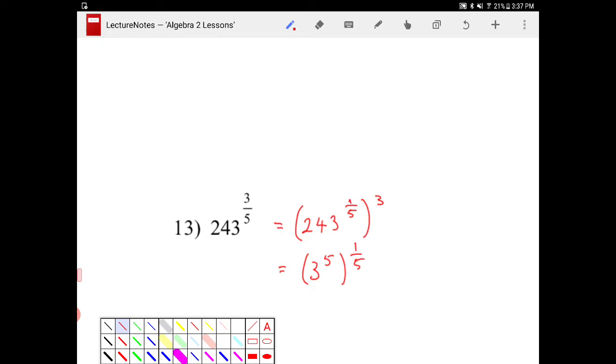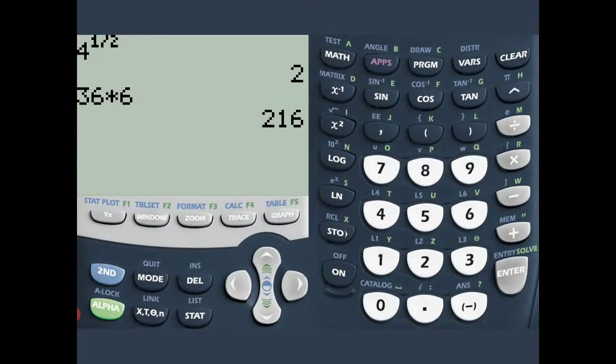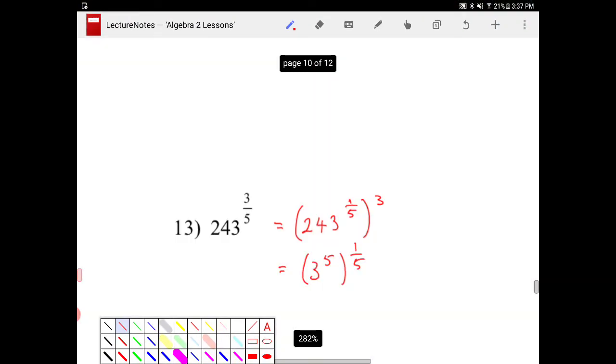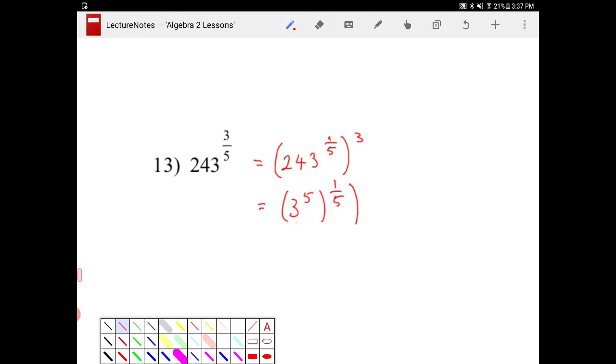I'm just going to confirm that. Let's see here. 243 to the power of 1/5 is in fact 3. And then all of that to the 3rd power. So this reduces to 3 to the 3rd, or it's 27.